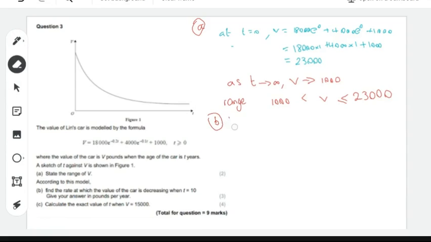Sorry, I'm just writing down why it's not equal to. You find the derivative of it. Sorry, I don't know the differentiation. Does anyone remember how to differentiate e?